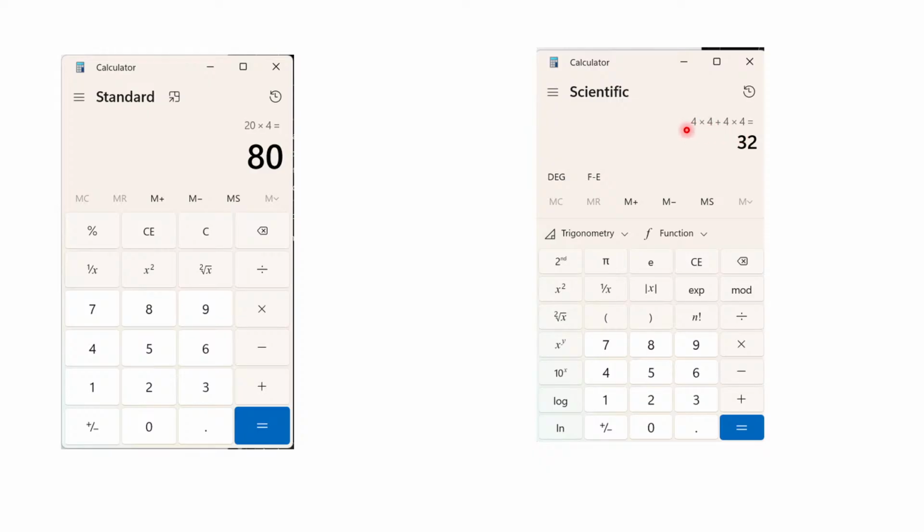You'll notice here how everything is entered in correctly. It's not correct here because it's solving every operation as you enter it. If you don't believe me, try it. If you have a computer, try these two different modes. You click on this, I think they call it the hamburger icon, and you can switch between standard and scientific. The correct answer again is 32. So be very careful on your calculators.